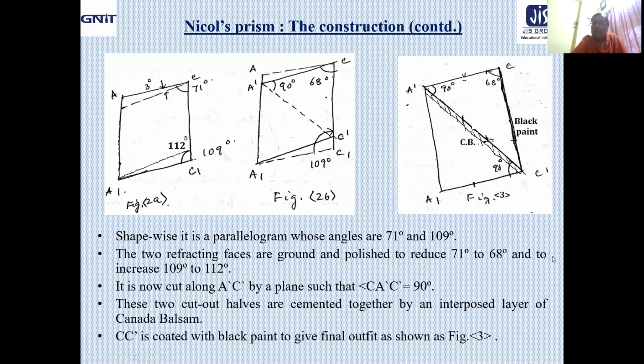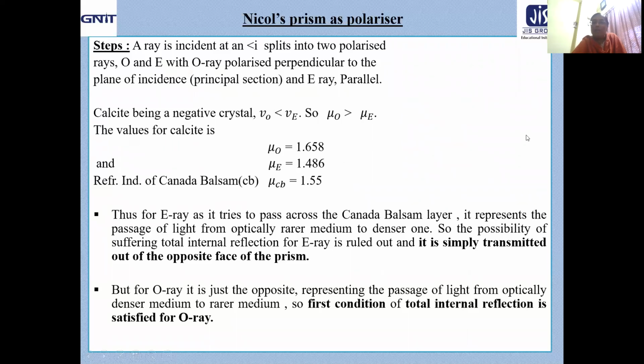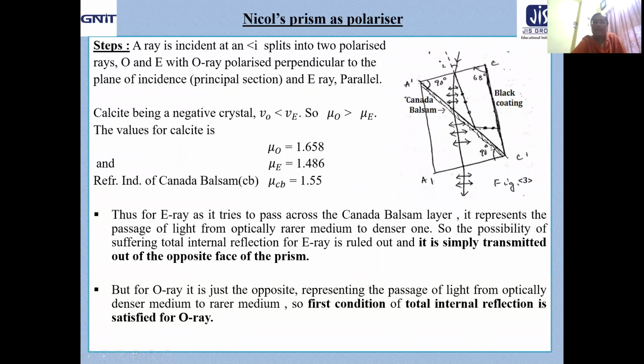Clear? Now, let us take a look at how the Nicol prism acts as a polarizer. Let us consider one incident ray. Obviously, it is unpolarized and it is incident with the direction nearly parallel to the longer dimension of the Nicol prism so made. Now what about the angle of incidence?